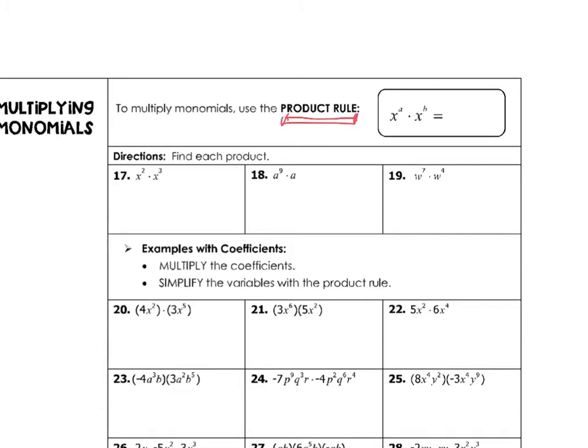The product rule applies to our exponents. If I have x to the A times x to the B, that's going to be x to the A plus B. So in other words, you're adding your exponents.